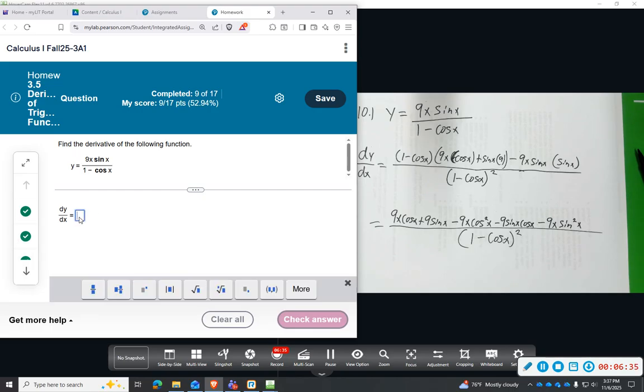So I don't know if it'll take it like this. Usually they want us to do the square on the outside.